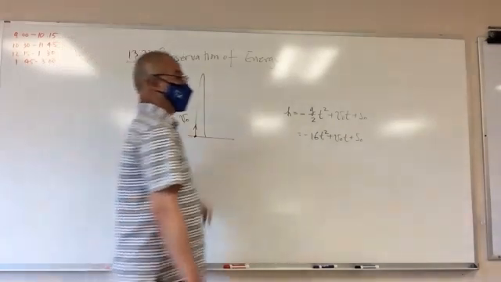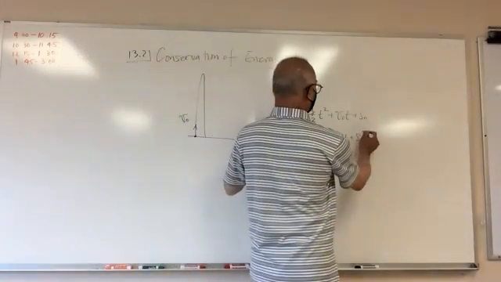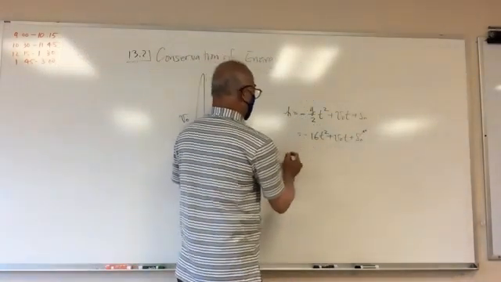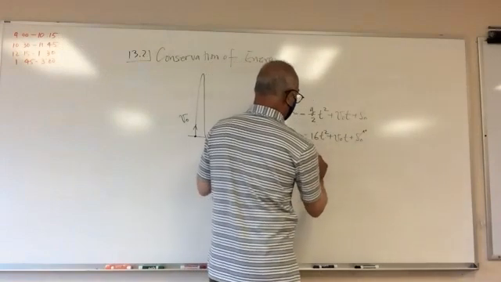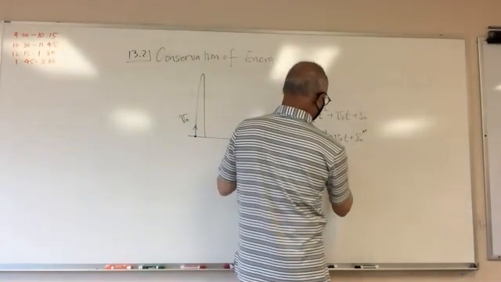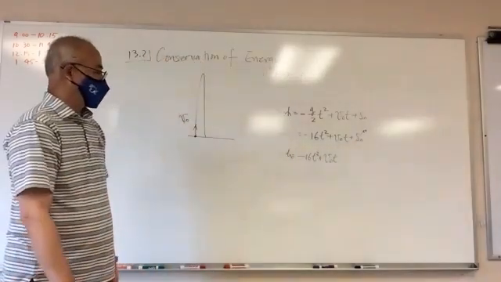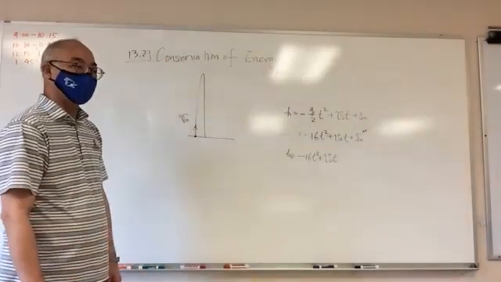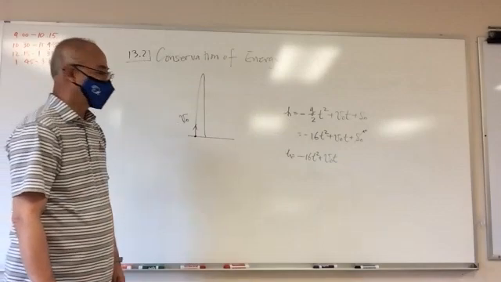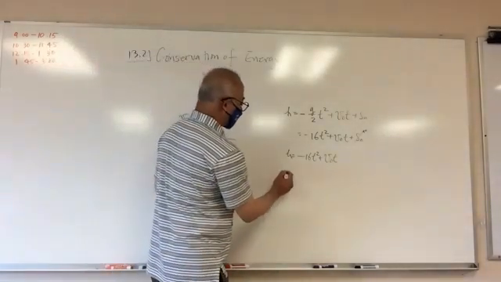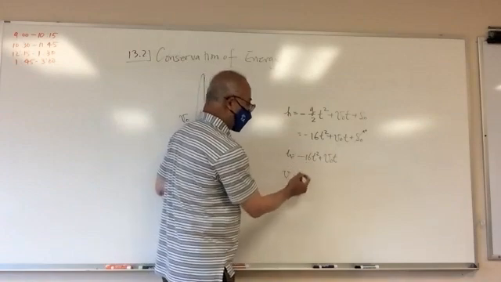So this is all you're going to have left. H is equal to negative 16t squared plus V naught t. If you were in my calculus class, we talked about the velocity being the derivative of this.